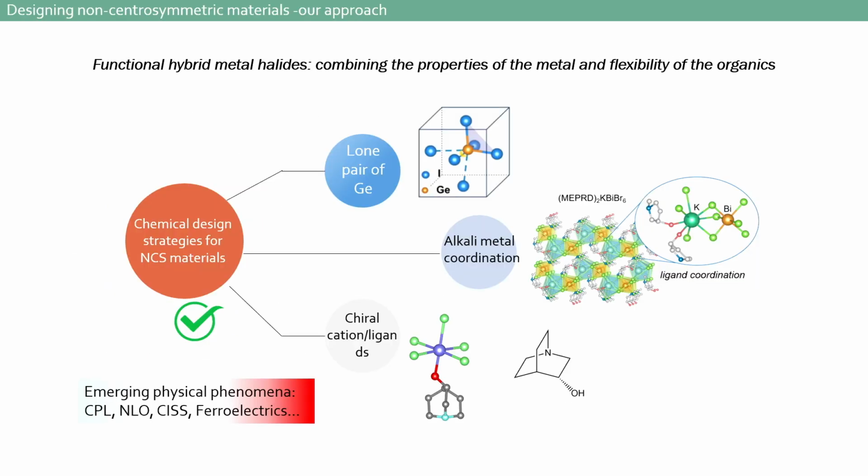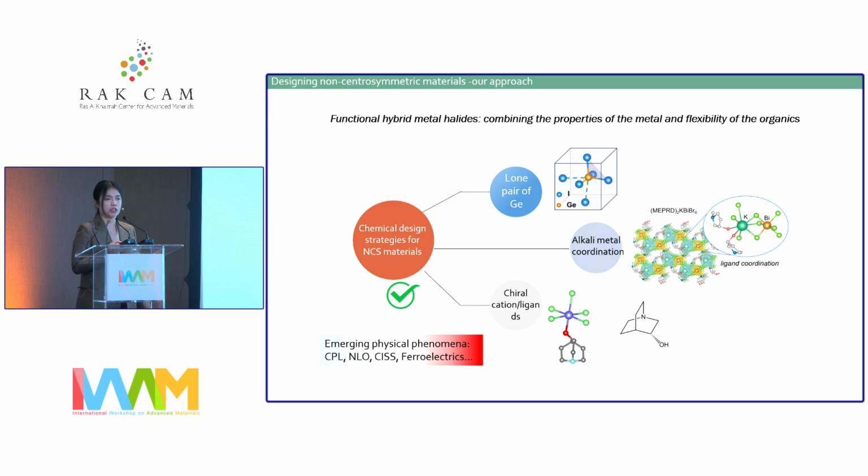In our group, we're mostly focusing on non-centrosymmetric phases, basically breaking down the symmetry, because most crystals, if you look at the database, crystallize in centrosymmetric space groups. But if you break down the symmetry using different strategies, new phenomena and physical properties will emerge, such as circularly polarized luminescence, nonlinear optical properties, ferroelectricity, etc.